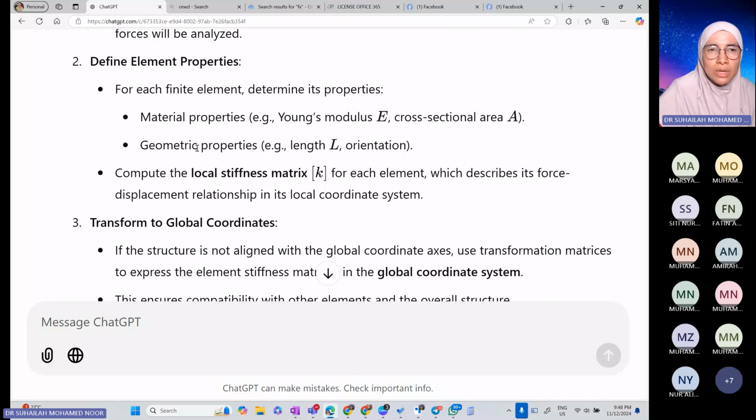So we will look at the displacement and we will compare the displacement with the code of practice. Pada code of practice, dia akan ada allowable limit. Dia ada formula untuk check. Kalau building this height, berapa allowable limit? Kalau interstory, berapa dia punya allowable limit?